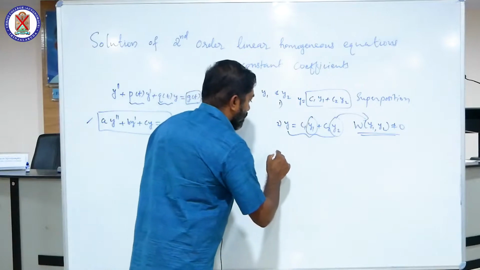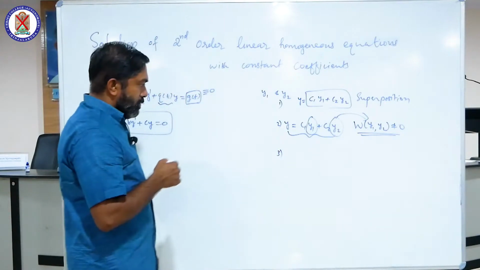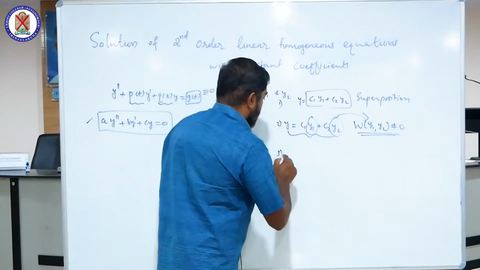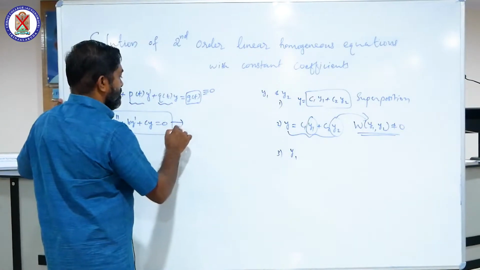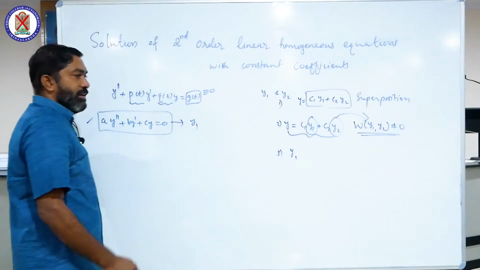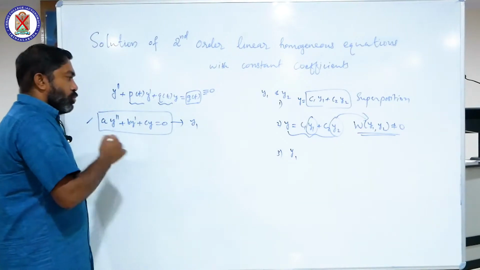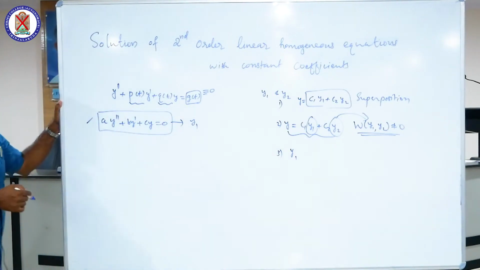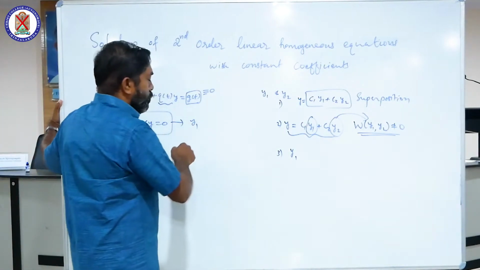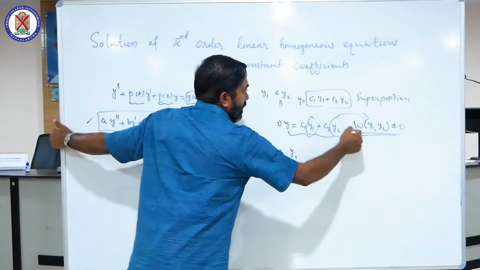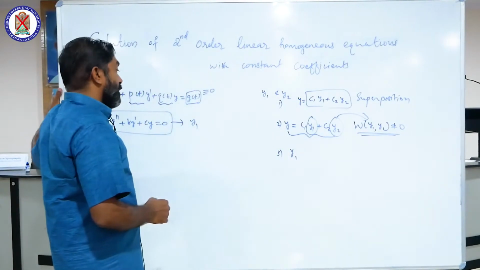Another one, the method of reduction of order, which is the method used when we have one solution, say y1. If we have one solution y1 of this differential equation, to complete the general solution we need one more solution which is linearly independent of this y1, so that the Wronskian of y1, y2 is not equal to 0.